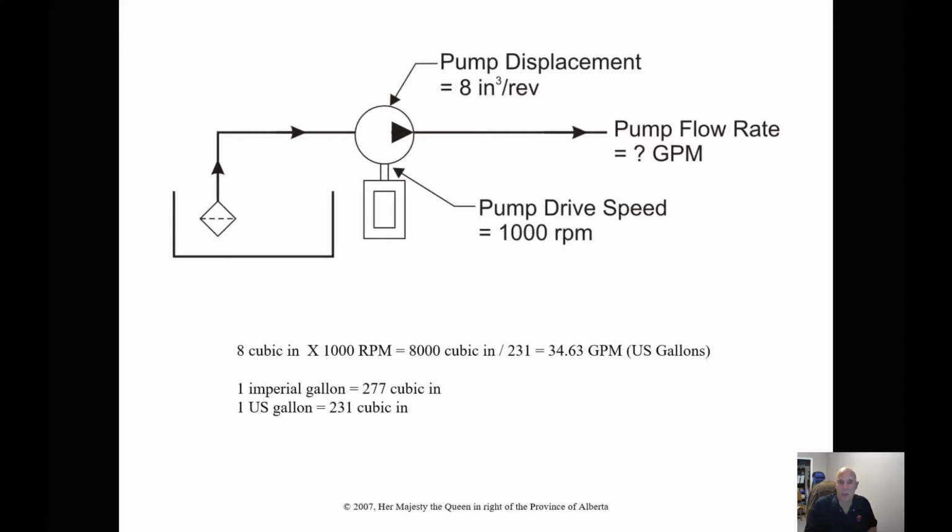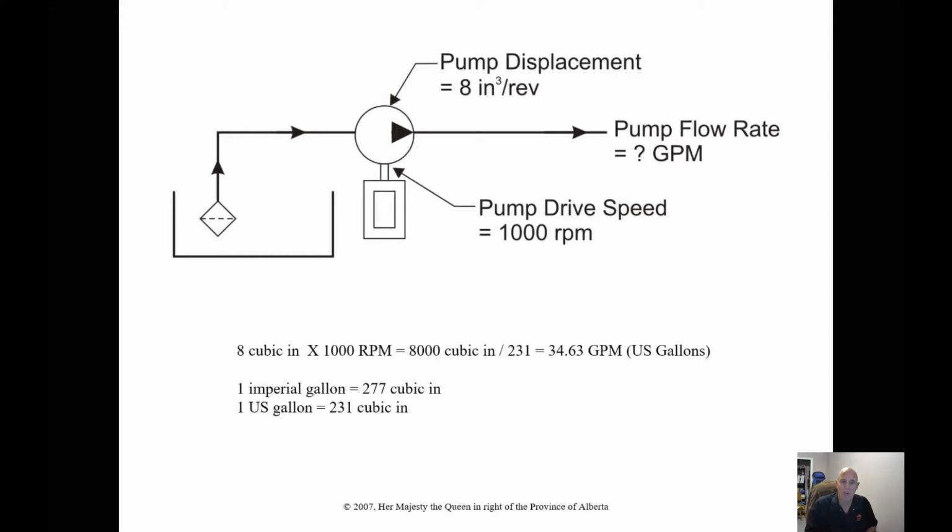Whether it's doing 100 RPM or 1000 RPM, it still displaces the same amount of fluid per revolution. That is a positive displacement pump. Anytime that we have a positive displacement pump, we also have to have a relief valve in the system because, for instance, if a cylinder dead ends and the pump is still running, that fluid has to go somewhere, so it has to go out a relief valve.